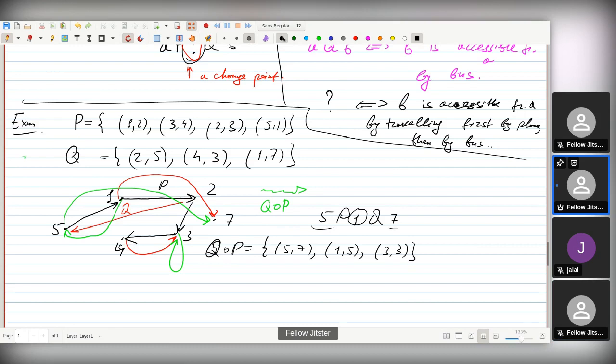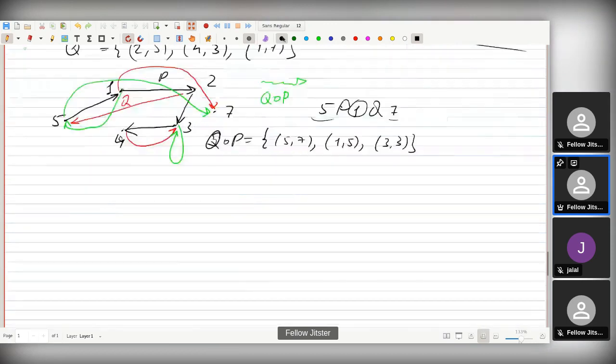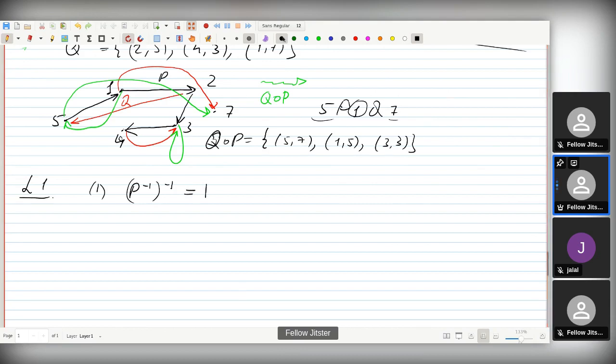Now let us prove some general properties, and then we may come back to more examples. Lemma 1. I say that for every binary relation P, the converse of its converse is our relation itself.